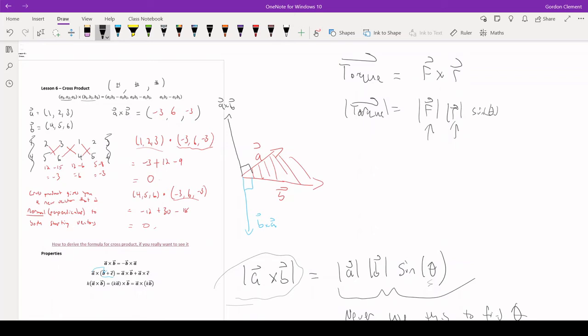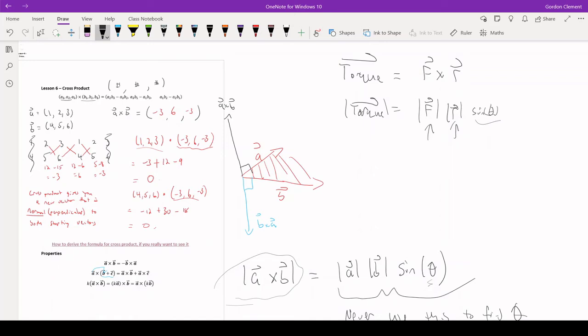If you push on that, increasing the radius increases your rotational force and makes that door rotate open. And then the sine of the angle between your force and the radius. So if you're pushing it at 90 degrees to the door, that's going to be the best way, because that'll make sine theta 1, and that's the max that sine theta could be. But if you're pushing at a weird angle on the door, it won't open as easily as if you push straight on.